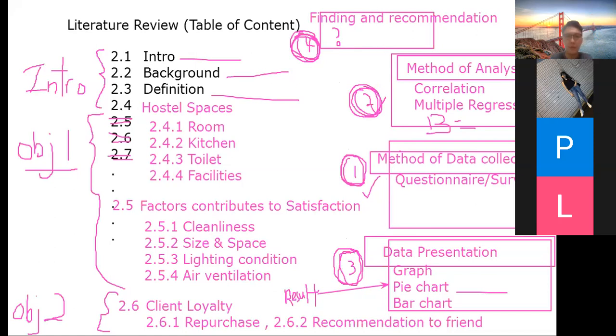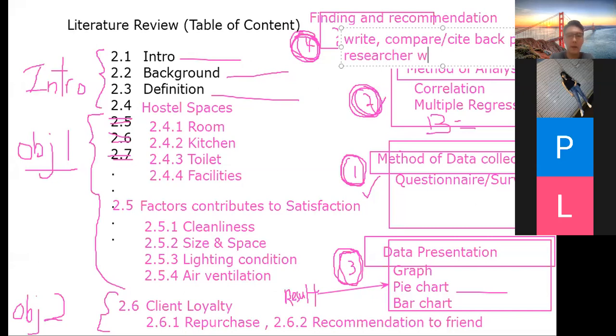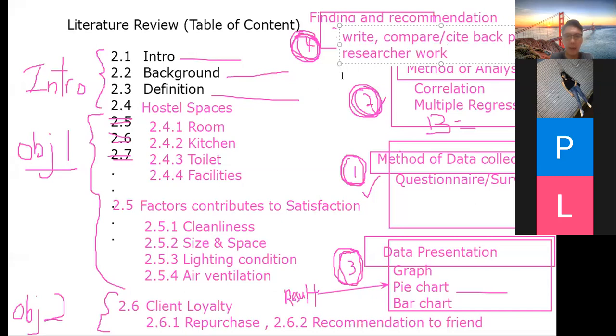You write. You compare or cite back past researchers. You write your thesis, you recommend, and you cite back what they did. So this is your finding.